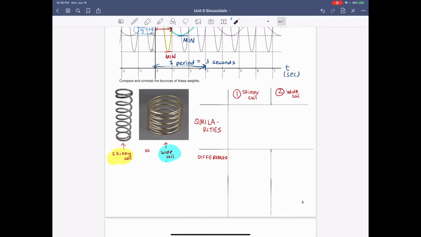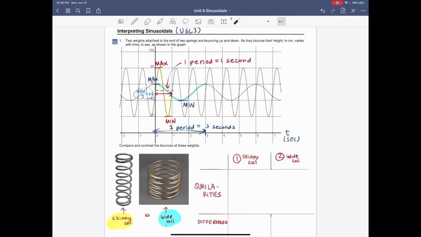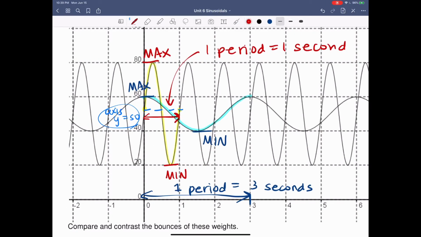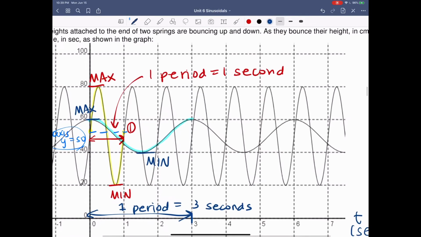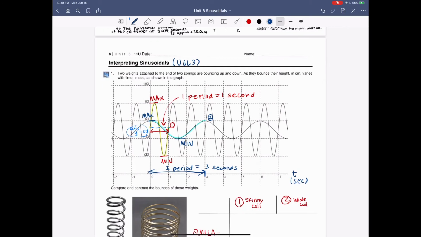So with that in mind, I went and tried to label our graphs. Meaning what I assumed was, if I call this a skinny coil and this the wider coil, then this yellow graph is likely the skinny coil, and the wide coil is more likely this.